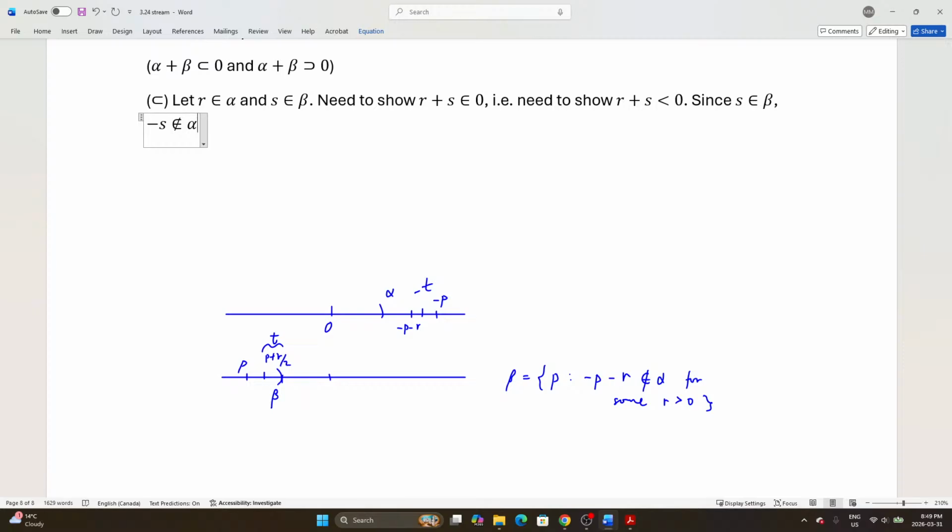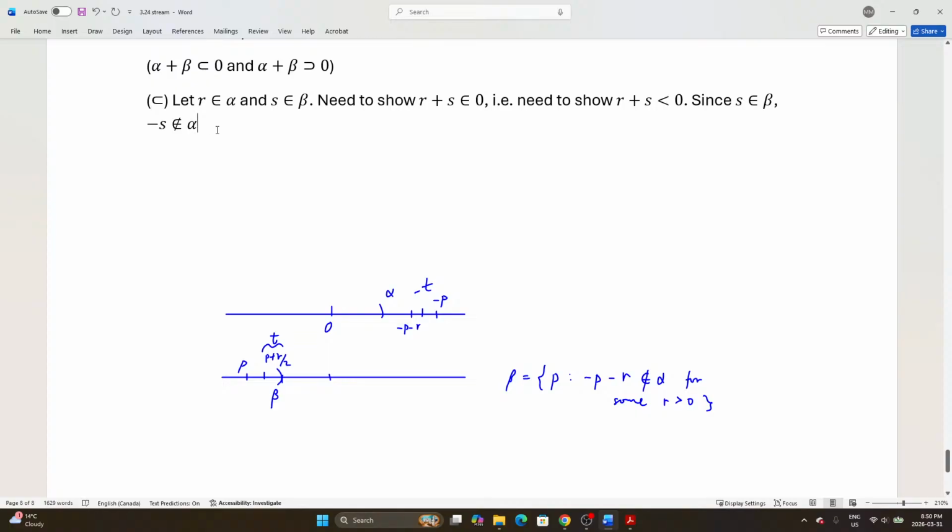This is a weaker claim than minus S minus T not in alpha for some T positive, right? Because if minus S minus T is not in alpha for some T positive, then minus S cannot be in alpha. So this is not wrong.